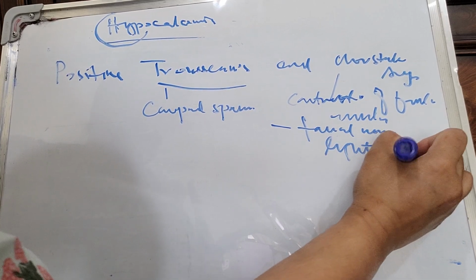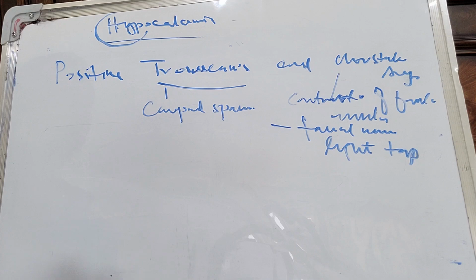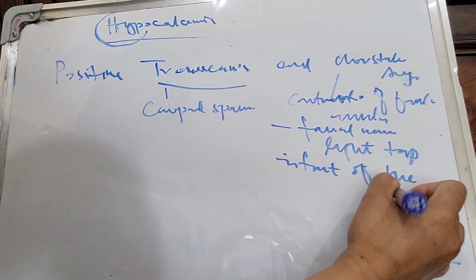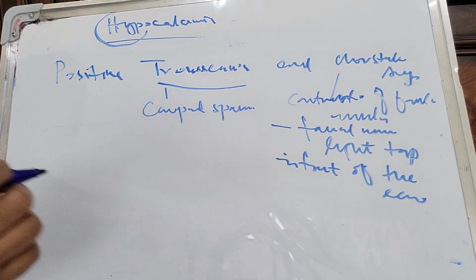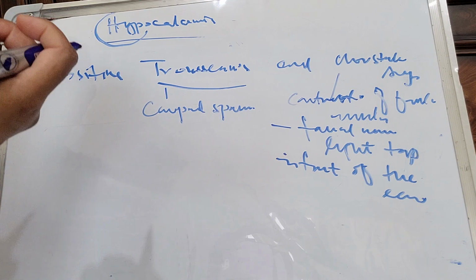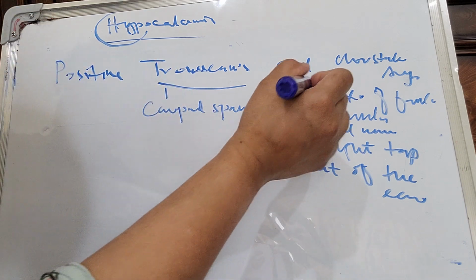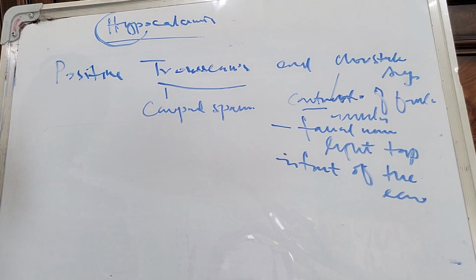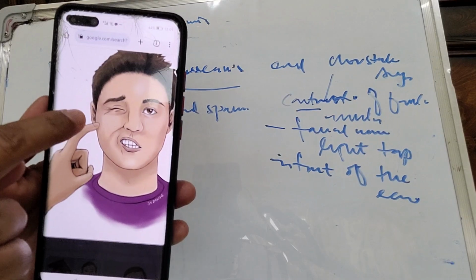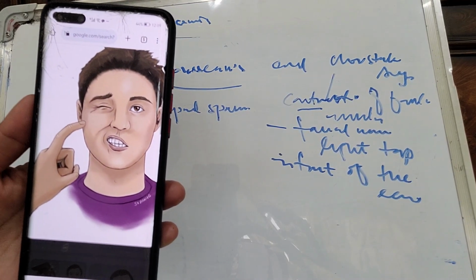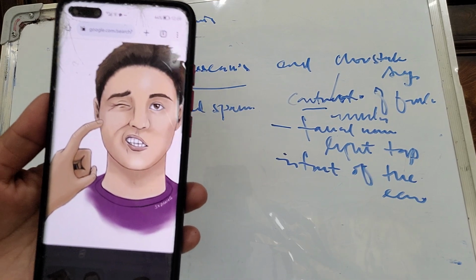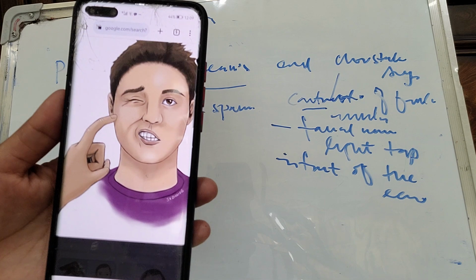The doctor will do a light tap over the facial nerve in front of the ear, and like this the doctor will check the Chvostek sign. When the doctor touches, the patient's face will be like this. It means the patient has a positive Chvostek sign and the patient has hypocalcemia.